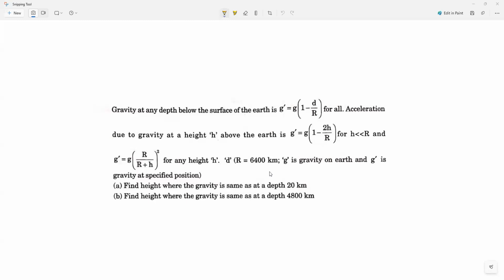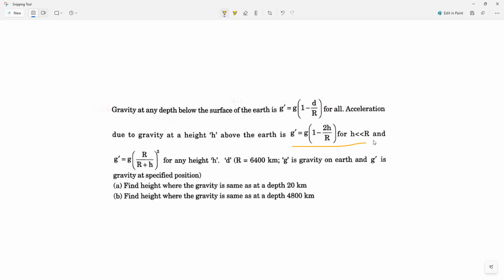The question is, gravity at any depth below the surface of the Earth is G into 1 minus D by R. Just now we have studied. For acceleration due to gravity at height h above the Earth, there are two formulas. If h value is very, very small, closer to the surface of the Earth, we'll use this formula.